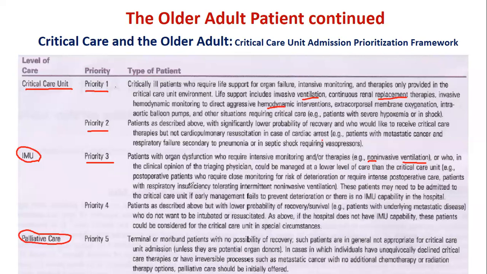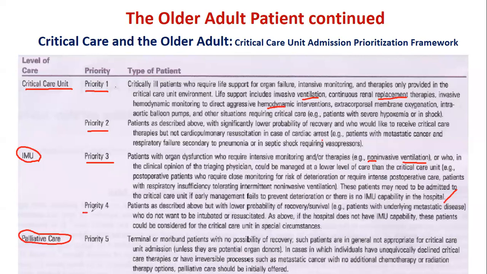Patients with respiratory insufficiency requiring intermittent non-invasive ventilation. These patients may need to be admitted to the critical care unit if early management fails to prevent deterioration or if there are no IMU capabilities in the hospital.